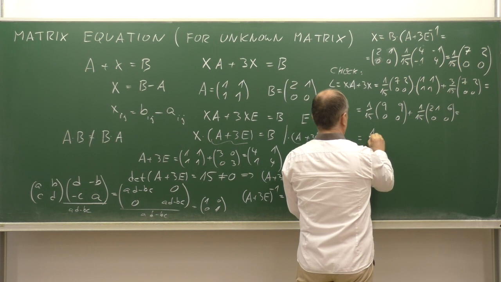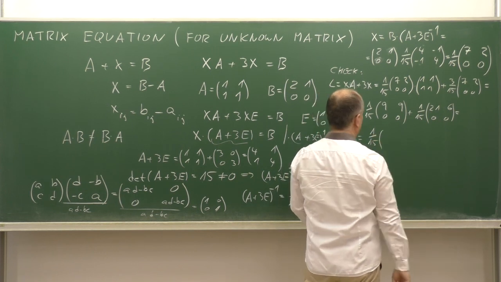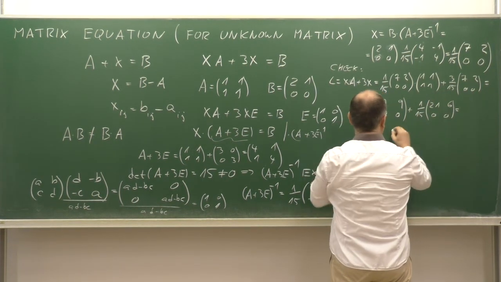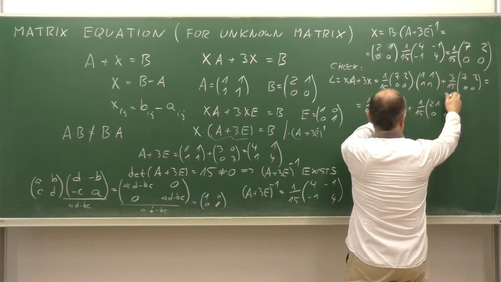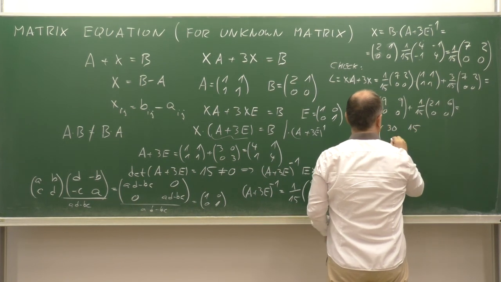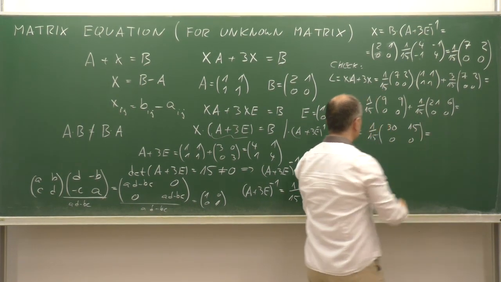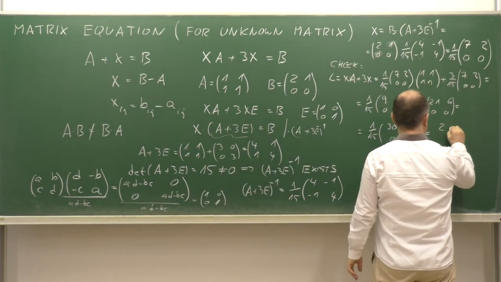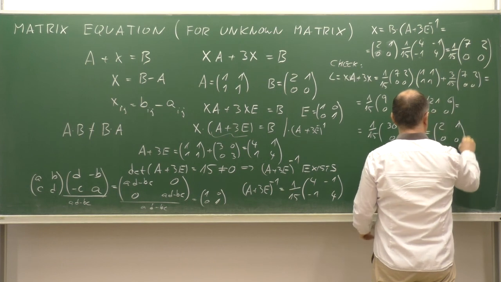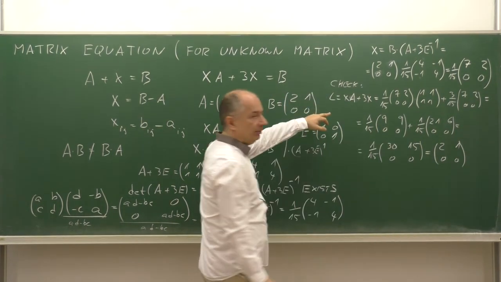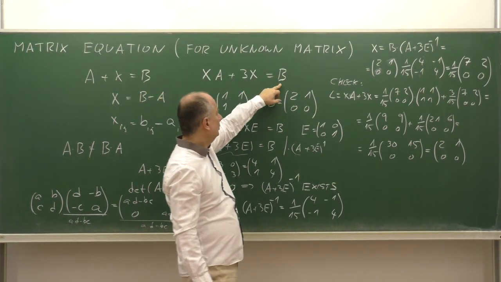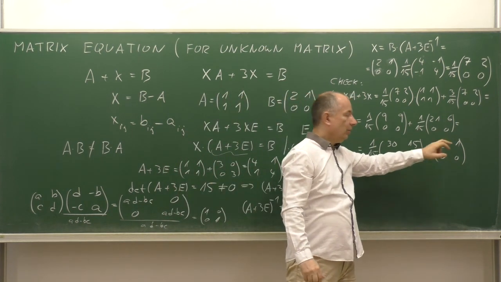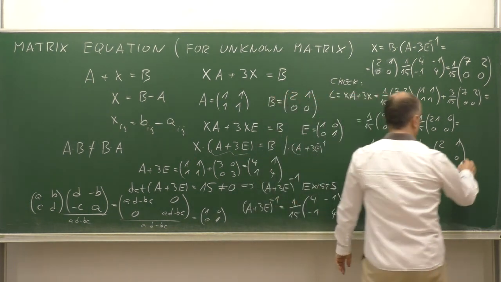And now we can add these two matrices, and we have 30, 15, 0, 0. And now when we divide by 15, we have 2, 1, 0, 0. And so that's the matrix on the left. And on the right we have B, which is 2, 1, 0, 0, which is this matrix.